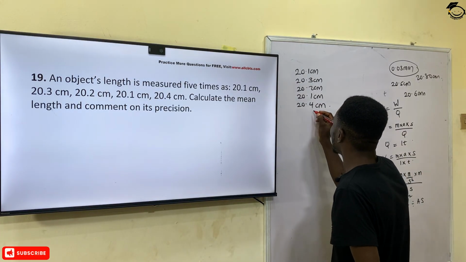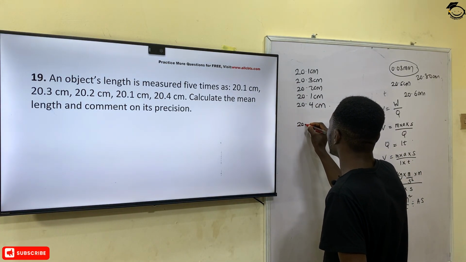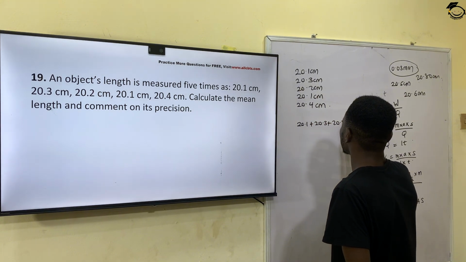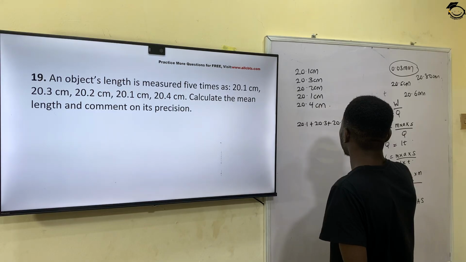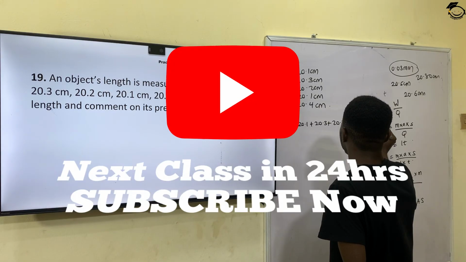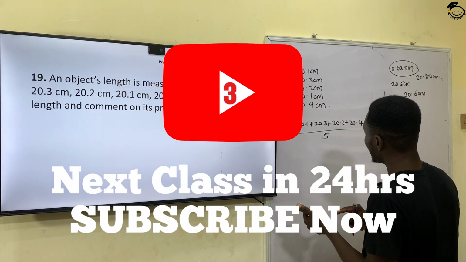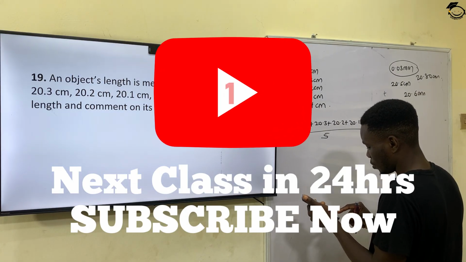So the mean length is simply 20.1 plus 20.3 plus 20.2 plus 20.1 plus 20.4 divided by 5.